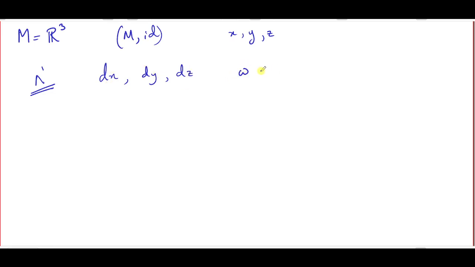Any one form, omega, will be a linear combination of these. So it could be alpha dx plus beta dy plus gamma dz, where alpha, beta and gamma are smooth functions.